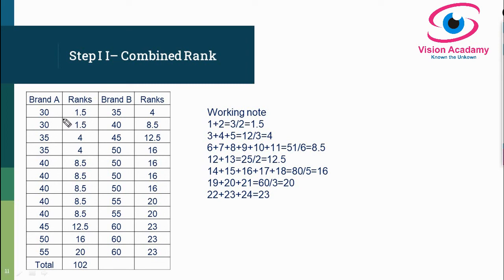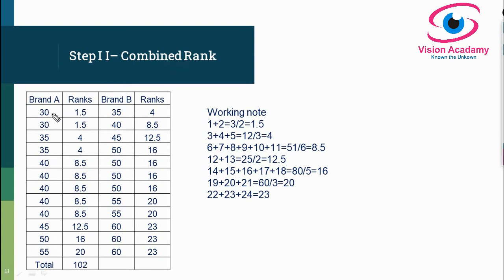For giving ranks we have to consider both populations, brand A and brand B. For example, brand A has the value 35 and brand B also has 35. We have to combine both together and put a combined rank. That's why the second step is combining both populations.